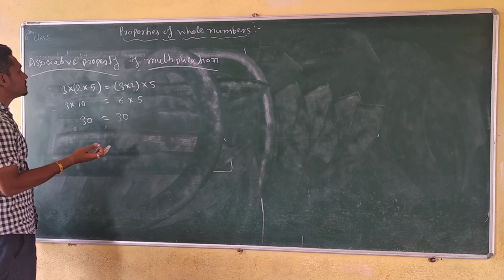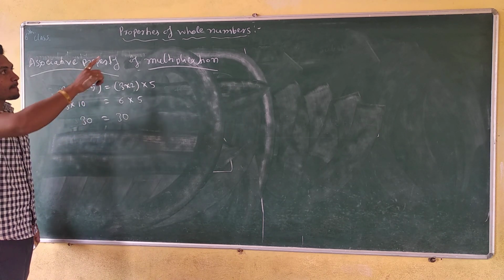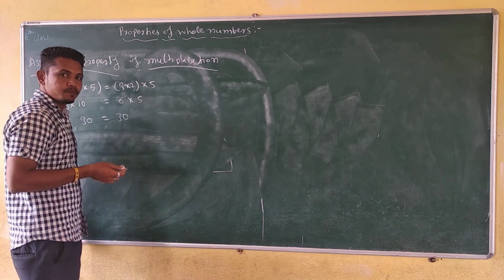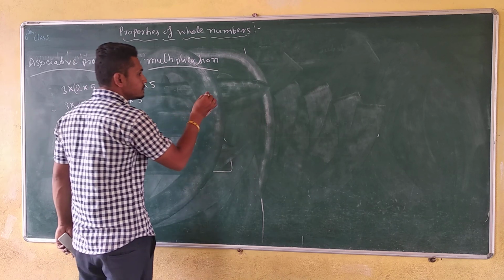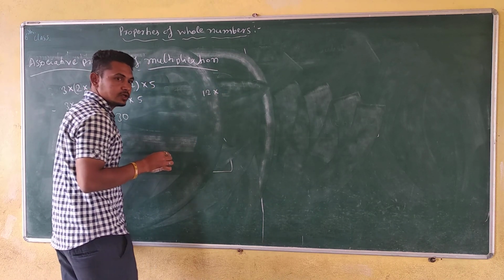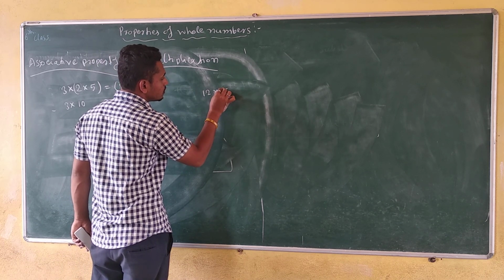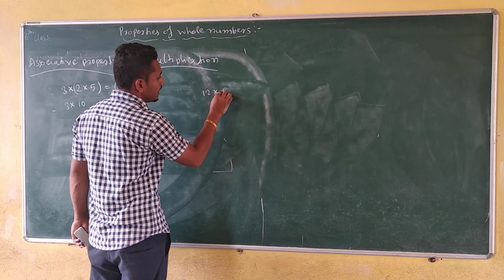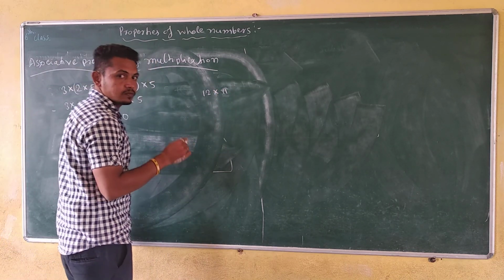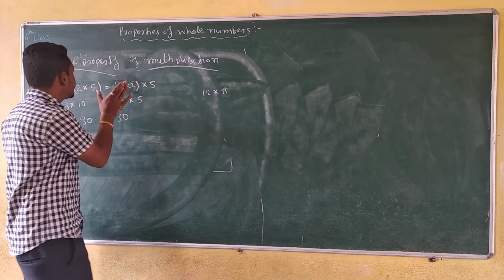Now we can say that multiplication is associative for whole numbers. Is it right? Take another example here: 12 into 11. Now write this in the form of the associative property.